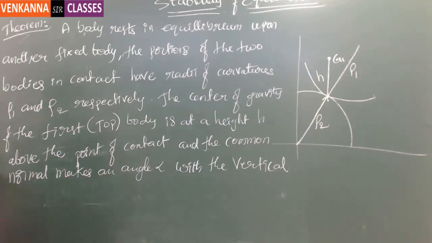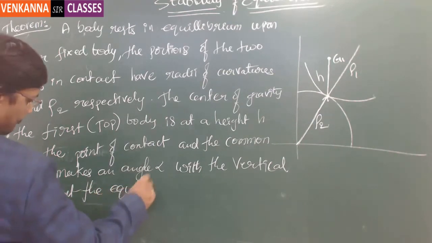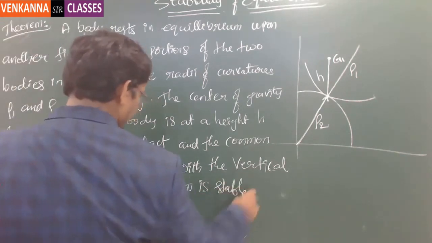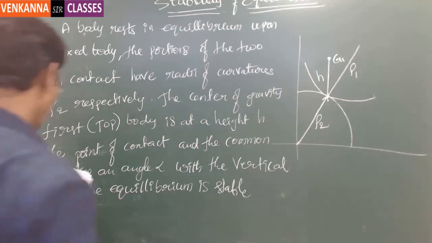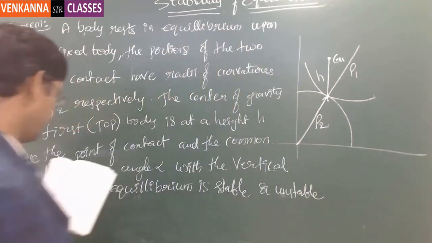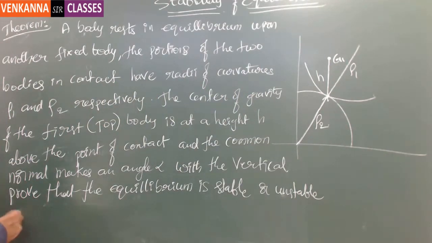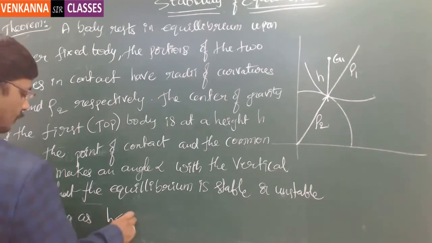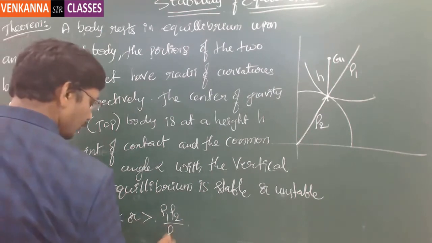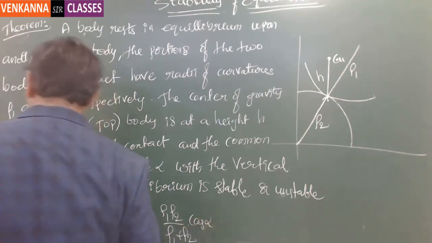Prove that the equilibrium is stable or unstable according as h is less than or greater than rho 1 rho 2 by rho 1 plus rho 2 cos alpha. So this is the problem statement.